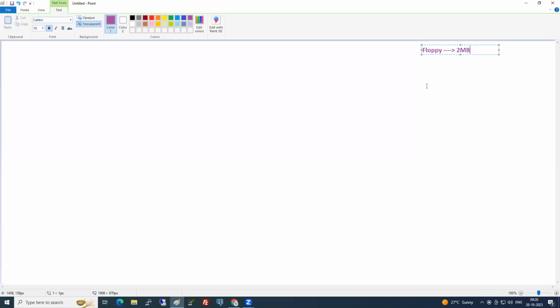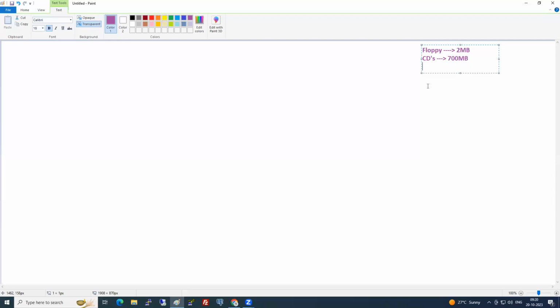Was floppy sufficient? No, because we had a need of storage. After floppies, you know what we got? CDs. What is the size of the CD? 700 MB. You might have used a lot of CDs.